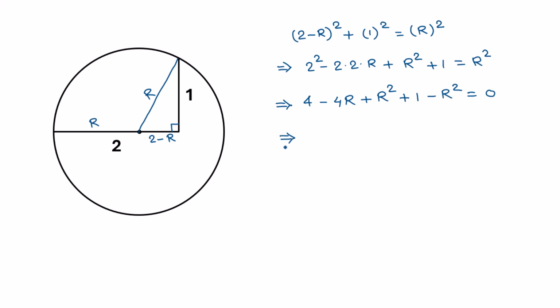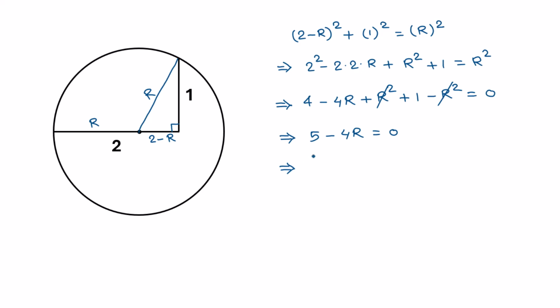Or this r square and r square will cancel out, and 4 plus 1, this is 5, minus this 4r is equal to the right side, which is 0.